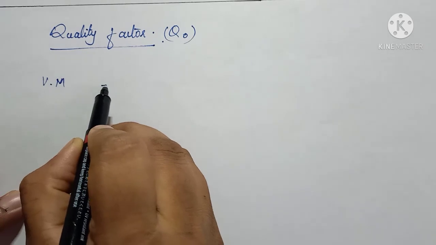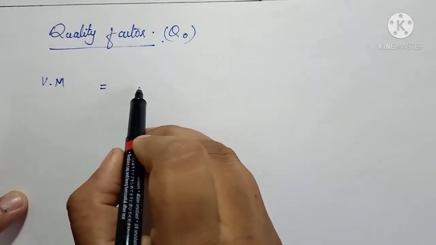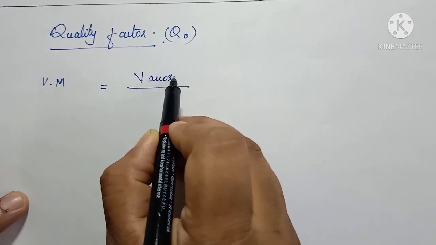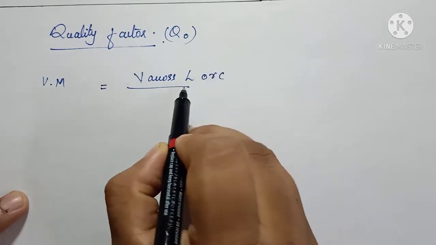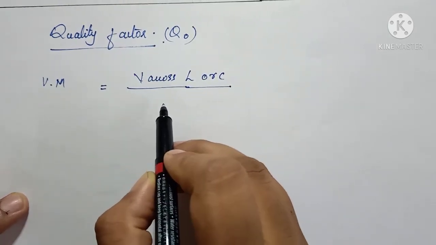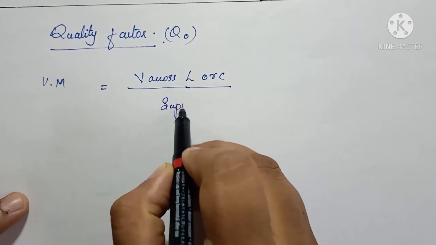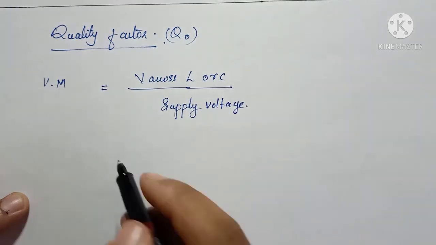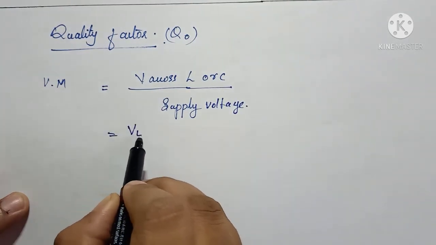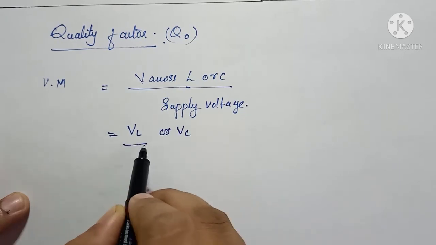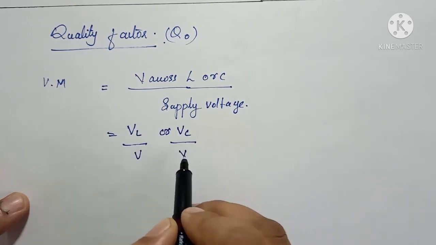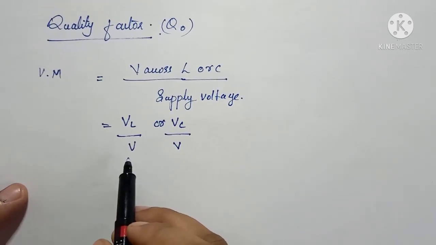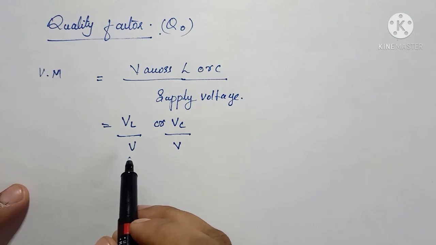Voltage magnification is the ratio of voltage across the inductor or capacitor upon the supply voltage. Voltage across the inductor can be VL or VC divided by the applied voltage, that is V, but the voltage will appear across a resistor only at resonance condition.